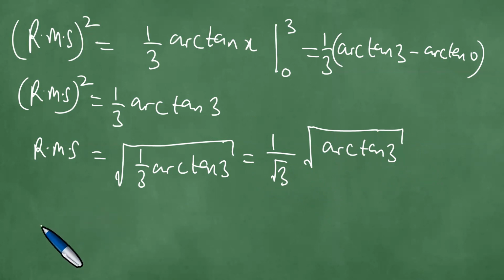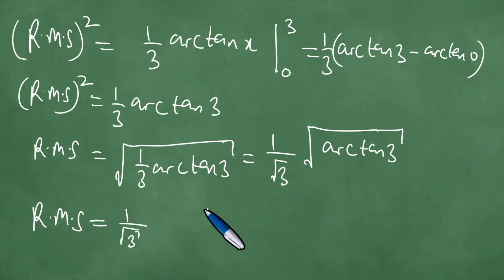This is not the only way to write the answer, but you can say the root mean square is 1 out of the square root of 3 times the square root of arctan 3, like this.